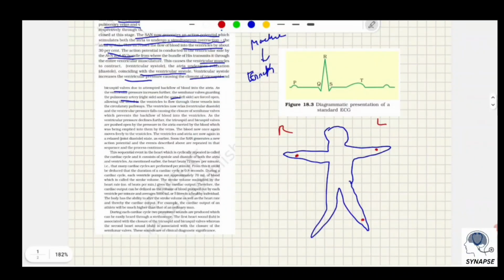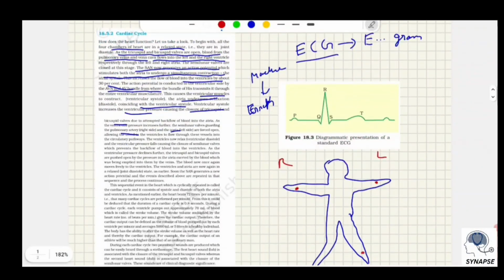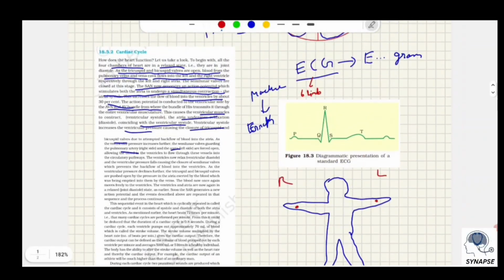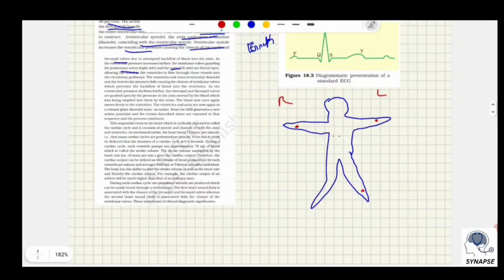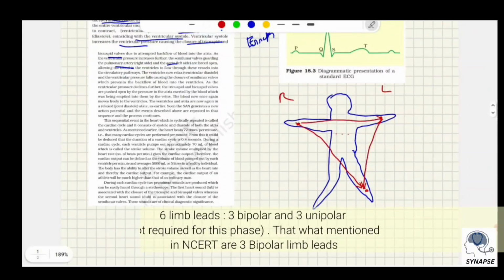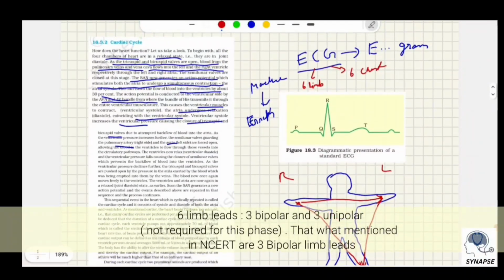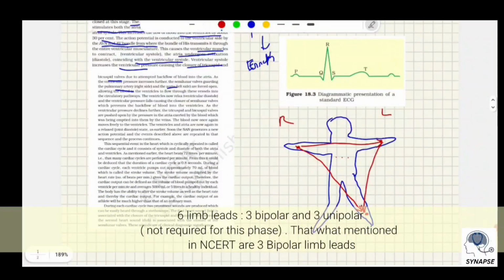There are six limb leads, which are attached to your hands and legs, and six chest leads, which are attached to your chest. That is what is mentioned in NCERT.